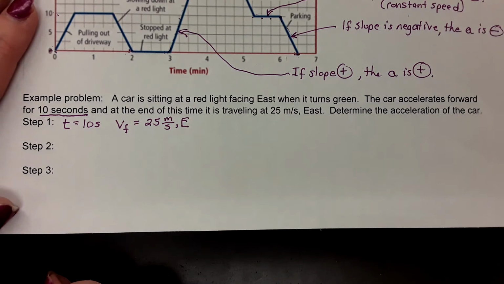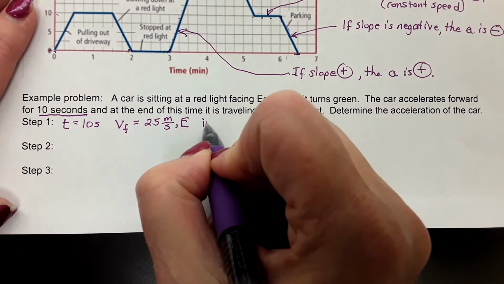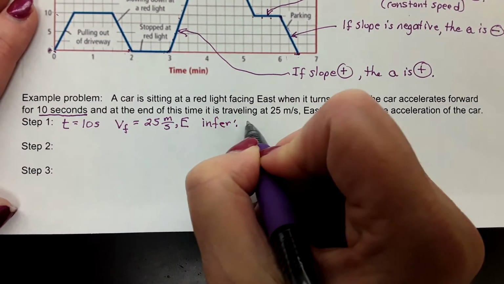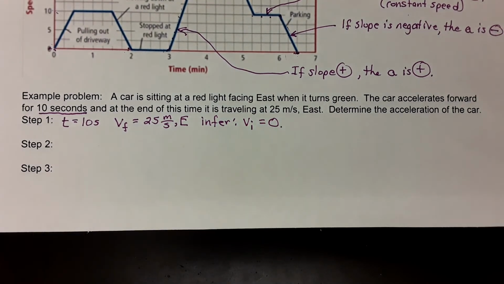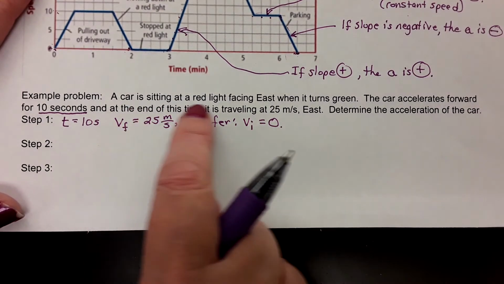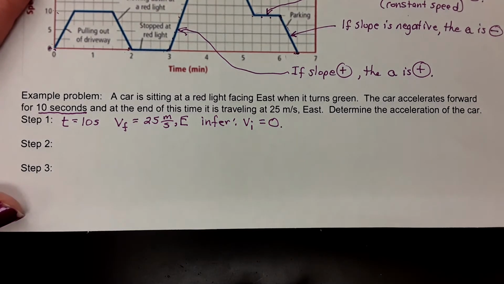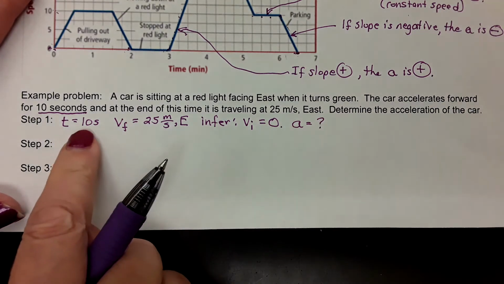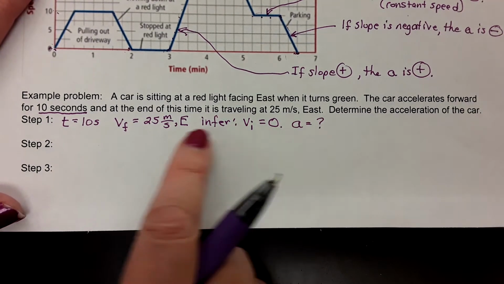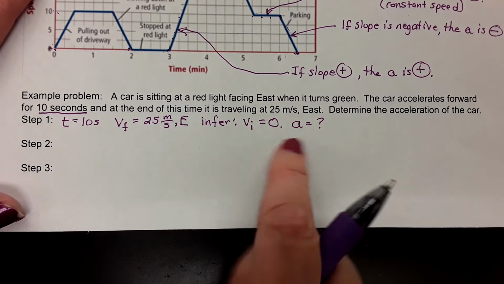They don't actually tell us, but we can infer that the initial speed is zero because the car was just sitting there when the light turns green and it has to start moving. All right, so we know that. We can infer it from what it says. And we want to determine the acceleration. So we've got the time, we've got the initial and final velocities, we want the acceleration.